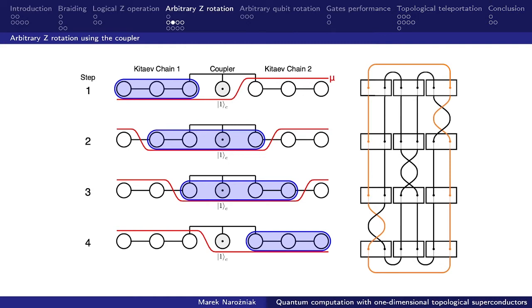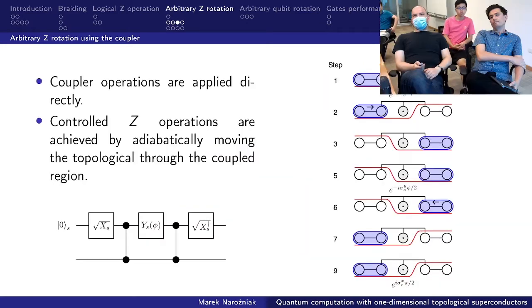So if we move the domain through this special region, the double braid sequence gets applied only if the coupler qubit is 1. If the coupler qubit is 0, the domain moves as if nothing happens, because the sign of T is the same. And this allows us to translate this protocol into an adiabatic sequence.